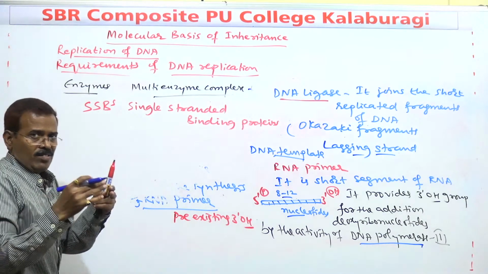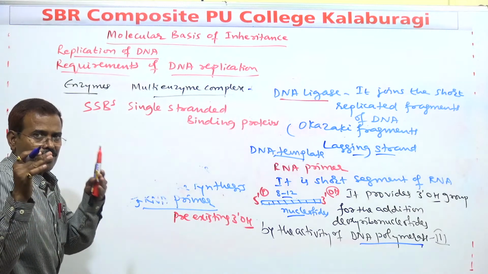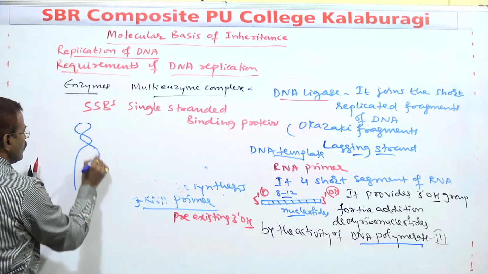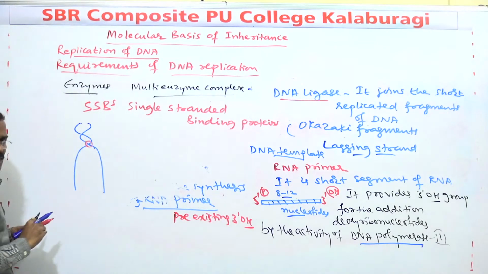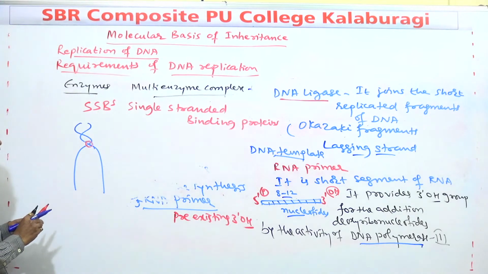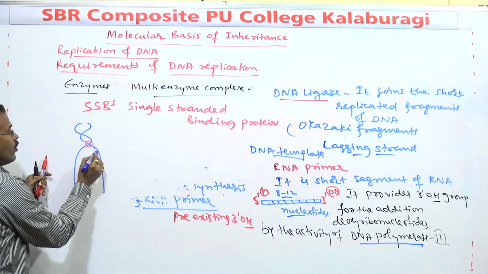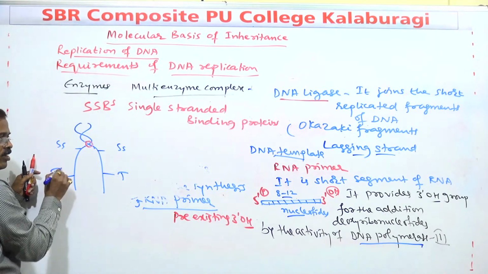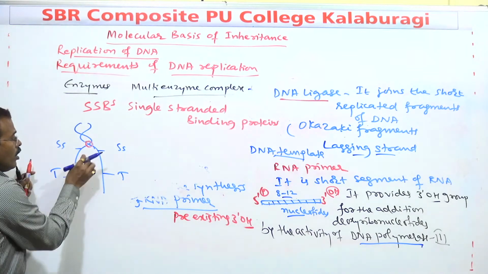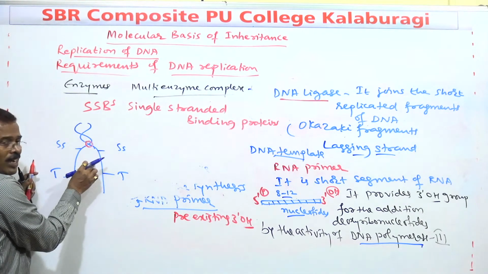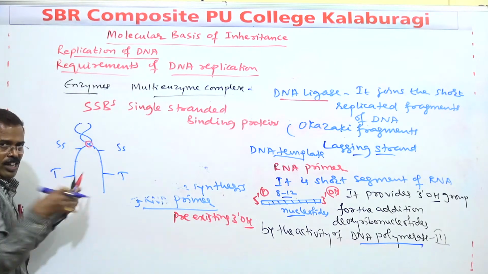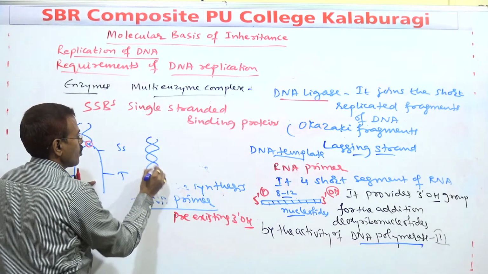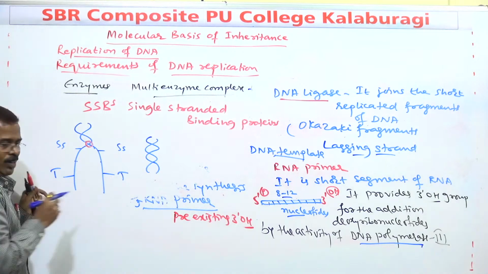Whenever there is uncoiling of the DNA strands at the ori site, helicase has brought the unwinding of the DNA strand. So here is the single-stranded structure of the DNA. This is the template strand. There is every possibility that these two can rejoin, reseal. When hydrogen bonds are formed, these two strands can once again get coiled.